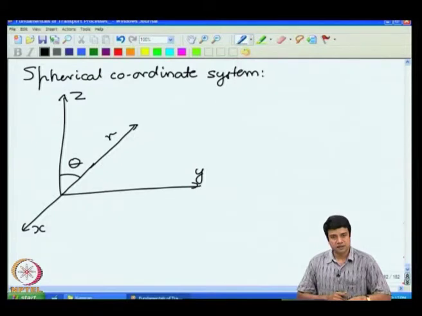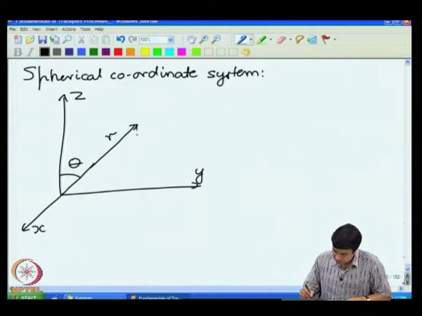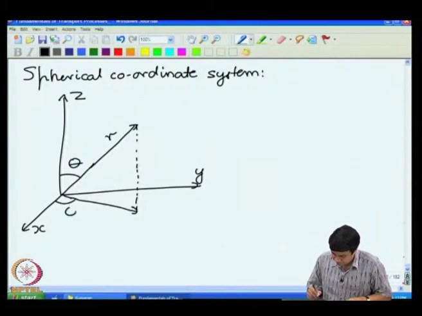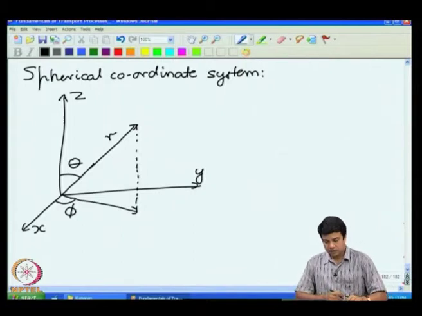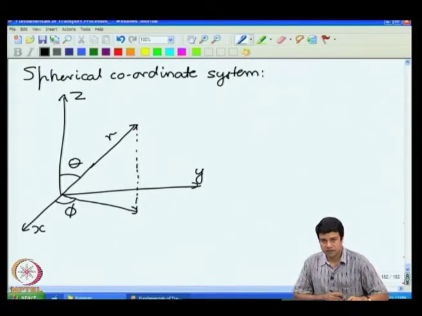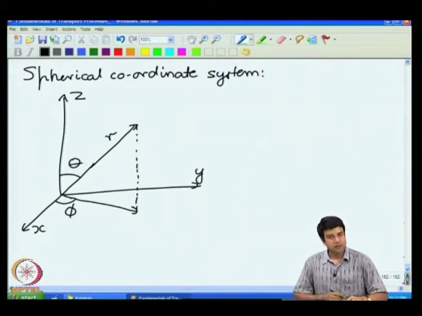There is a third coordinate which is also an angle, called the coordinate phi. If I take the projection of the radius vector onto the xy plane, the angle that it makes with the x axis is phi.